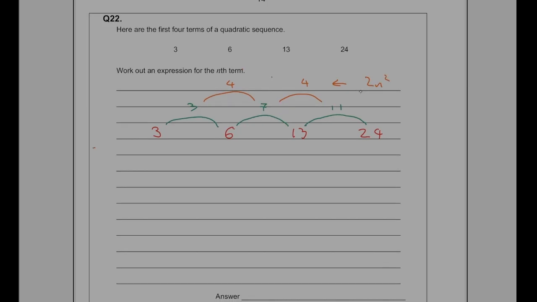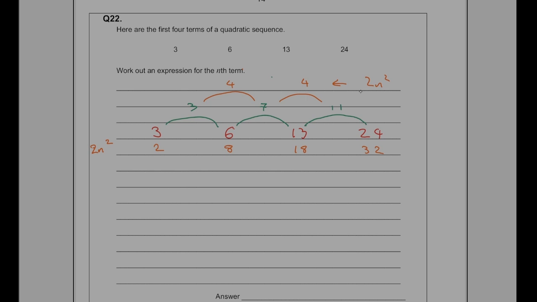So if we start by looking at the values of 2n squared, so 1 squared, 1 times 2 is 2, 8, 18 and 16, 32. Now we want to look at the differences.